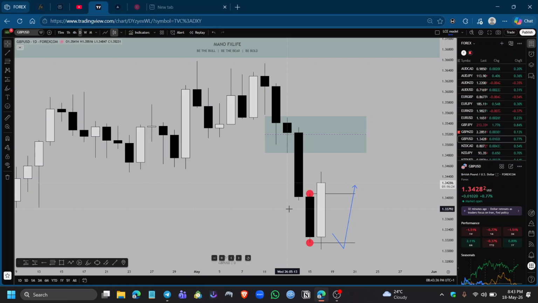Do you understand? You look for price to take out either the previous day high or the previous day low. Whatever price does will give you the direction of the day, or what you are most likely to expect for that day.